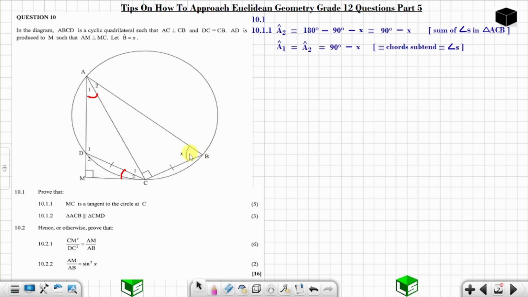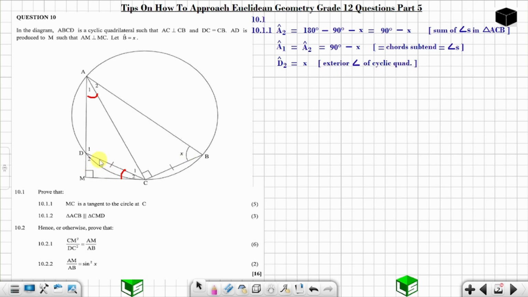You have 4 corners on the circumference. So remember, this exterior angle is equal to the interior opposite angle. So the angle D2 is equal to x. The reason is exterior angle of a cyclic quadrilateral.